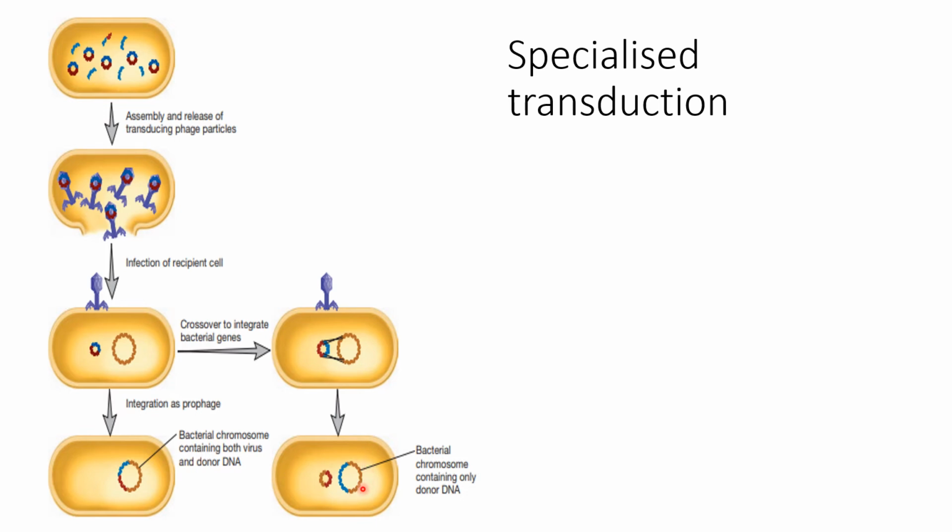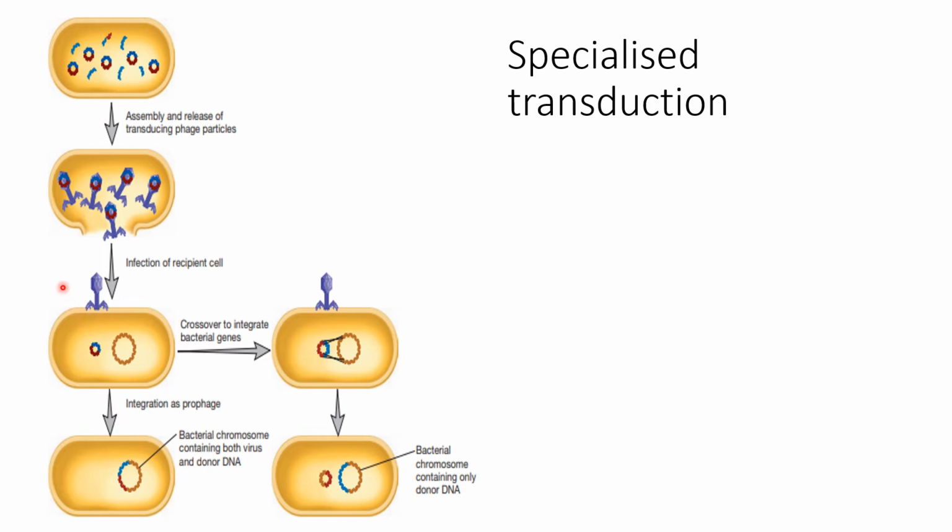So again here also, this blue color is the donor DNA, right? So the DNA has been transferred from a donor bacterial cell to a recipient bacterial cell, but not directly, with the help of a virus. So this is called again transduction. But why is it called specialized transduction?